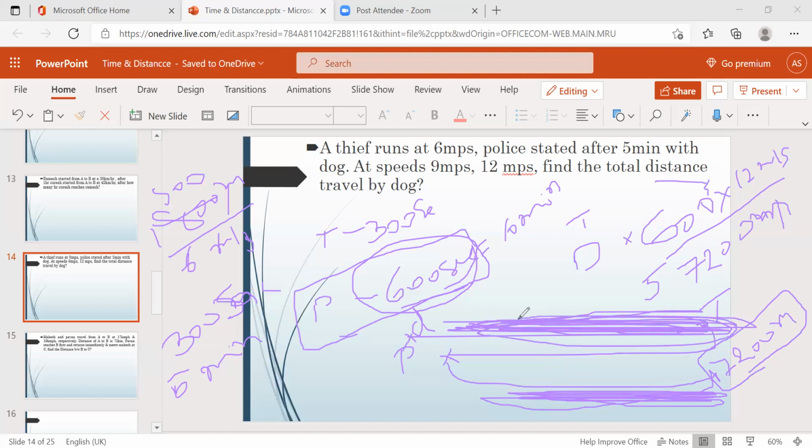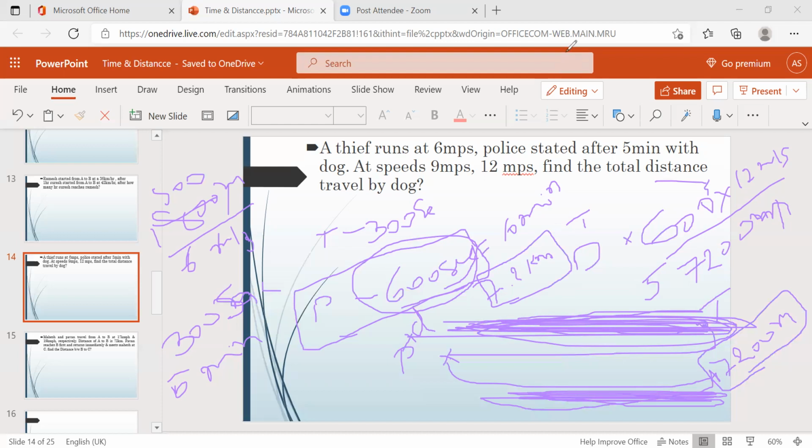So dog will travel 600 seconds. 600 seconds means 7200 meters, 7.2 kilometers. 7.2 kilometers, right? Dog travels the distance totally, totally he travels the distance 7.2 kilometers.